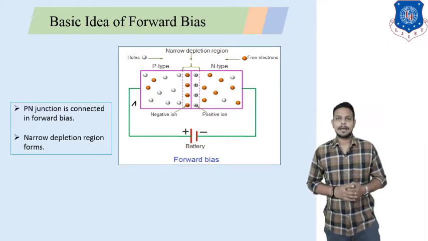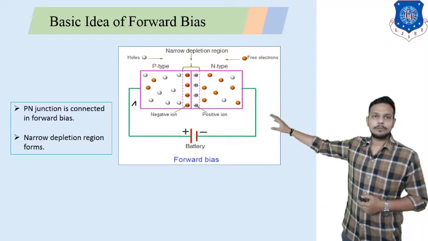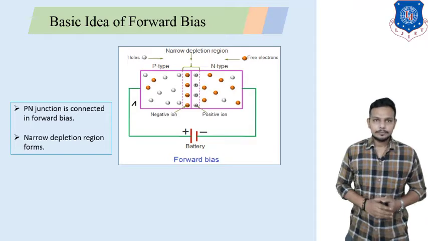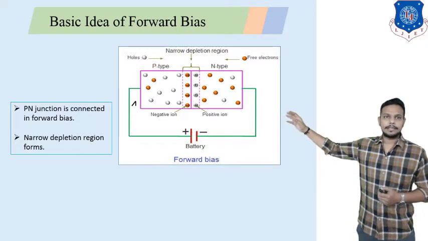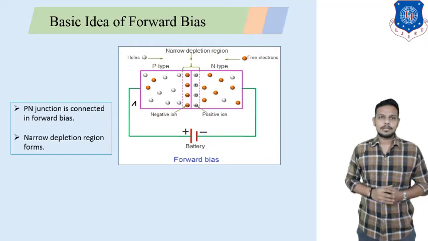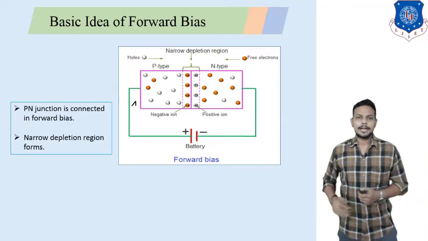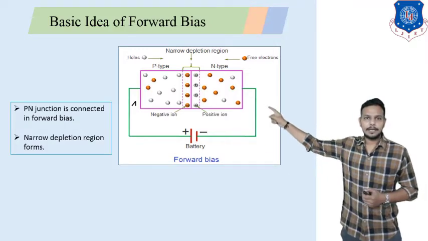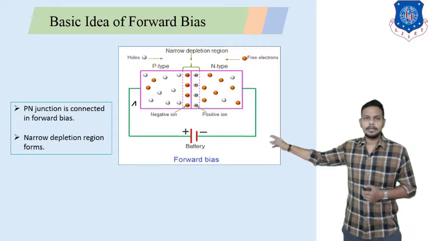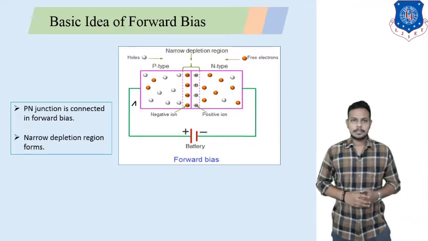Here we can see the biasing of a p-n junction diode, in which we are connecting it in forward bias. How is it forward bias? Because we are connecting the positive terminal with the p-type material and the negative terminal with the n-type material. So it becomes forward bias.